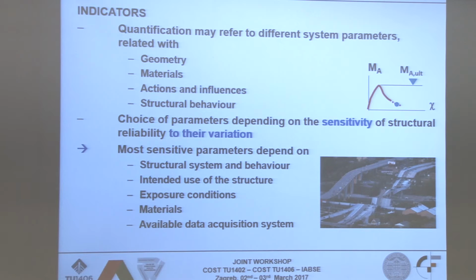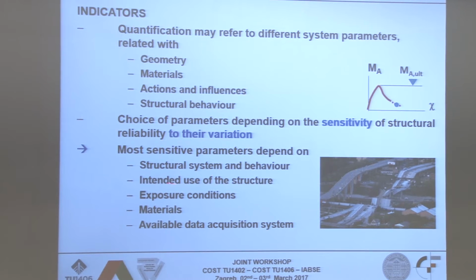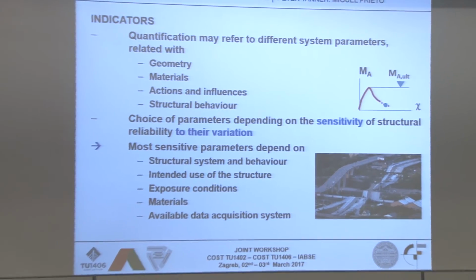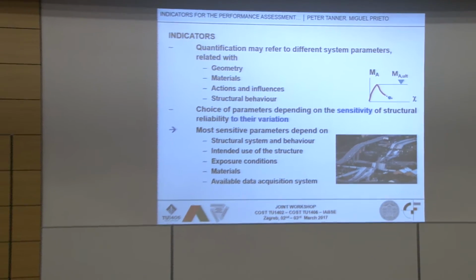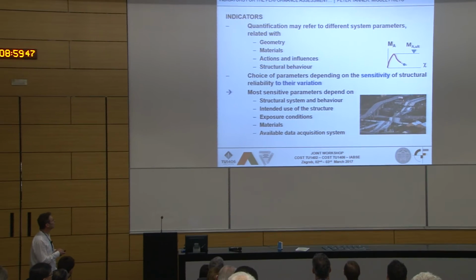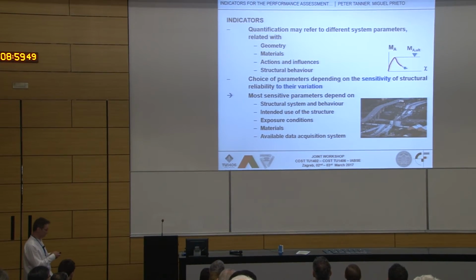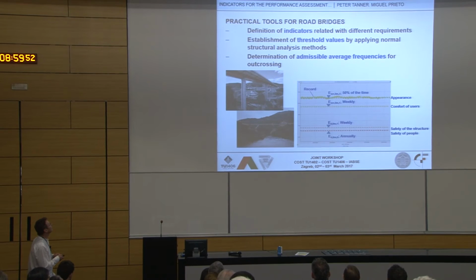The choice of parameters will depend on the sensitivity of the structural reliability to their variation, and the most sensitive parameters depend, on the other hand, on many things: the structural system and its behavior, the intended use of the structure, the exposure conditions, the materials used, and also the data acquisition system which is available.